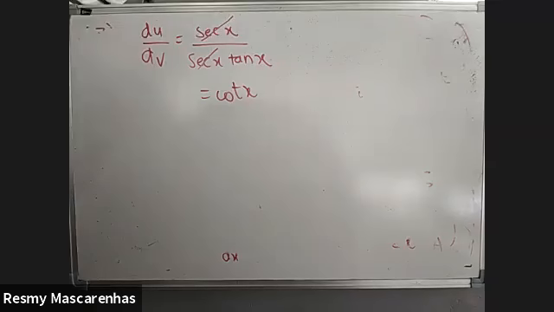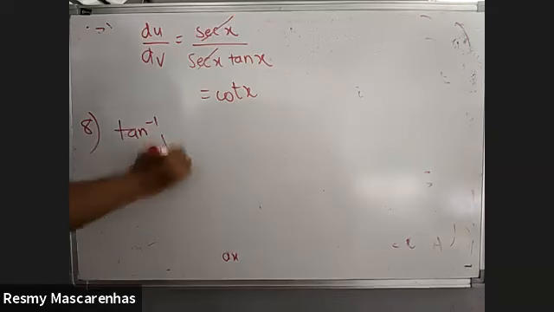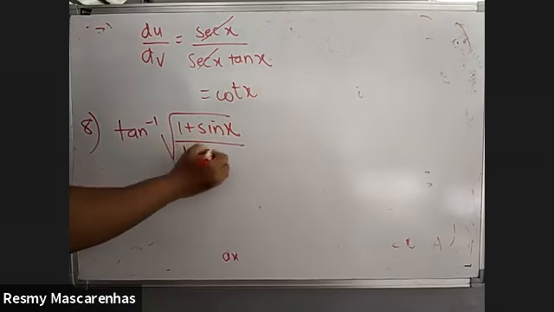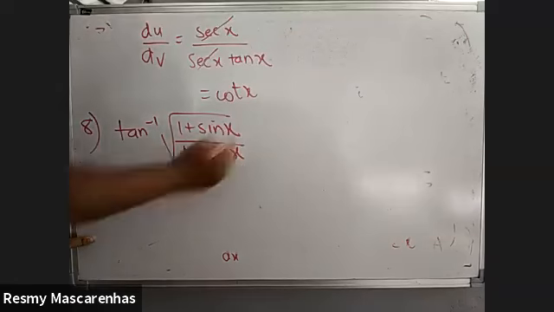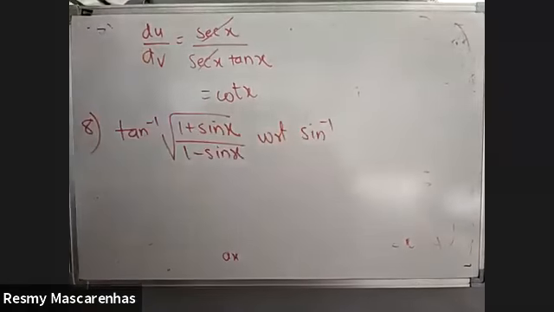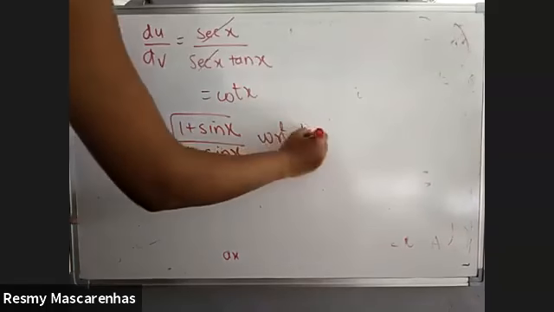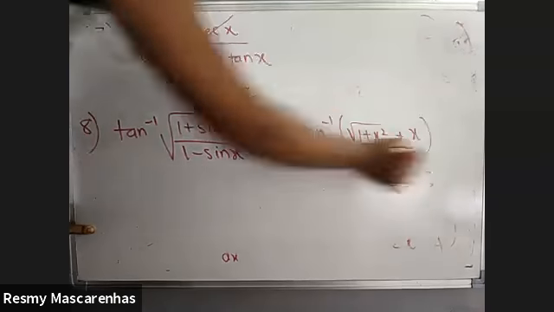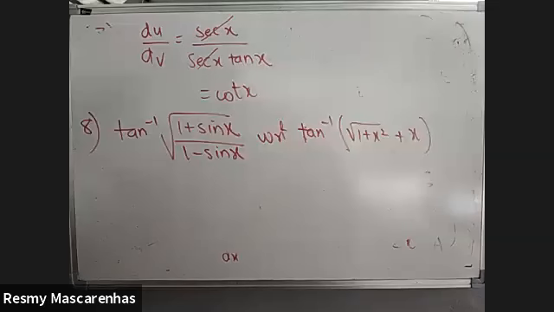And the last problem on this: tan inverse of 1 plus sin x upon 1 minus sin x with respect to tan inverse of 1 plus x square plus x.